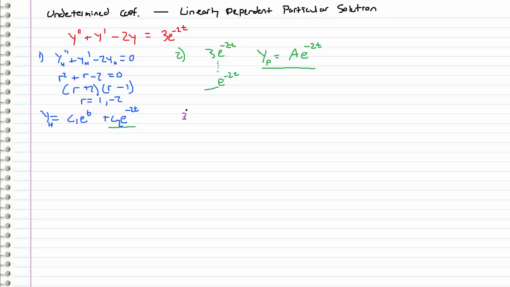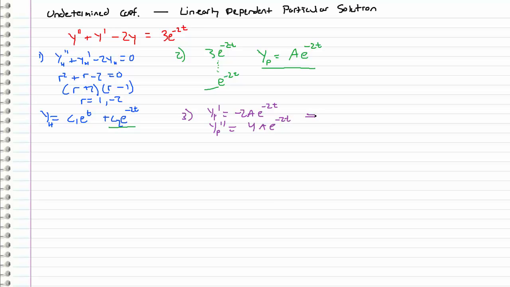So if we were to actually move on and continue using this form, even though we have that linear dependence, then this is what would happen. So we would get a yp prime, which is equal to negative 2a e to the negative 2t. We would get a yp double prime of 4a e to the negative 2t.